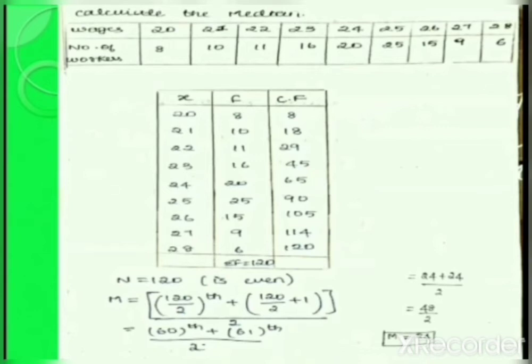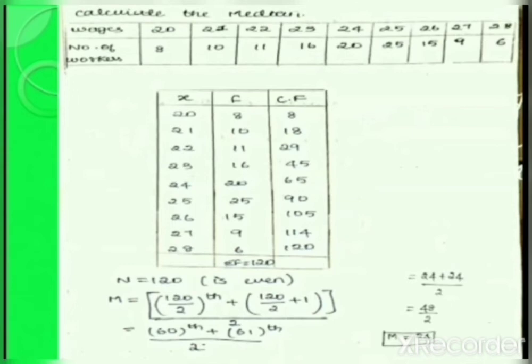So what are the 60th and 61st items? You have to check in the cumulative frequency which term exceeds 60 and 61. In the cumulative frequency we have 65, which exceeds 60 and 61. The corresponding x value for 65 is 24.